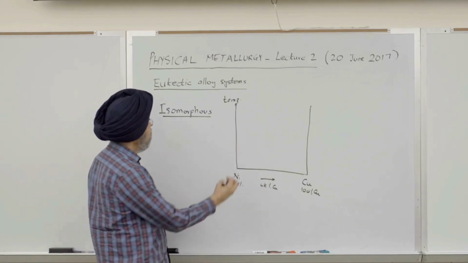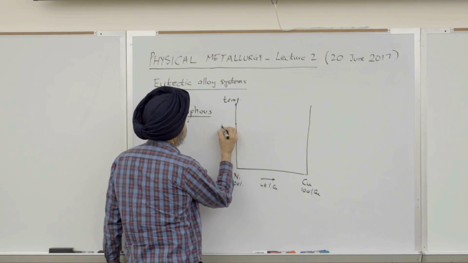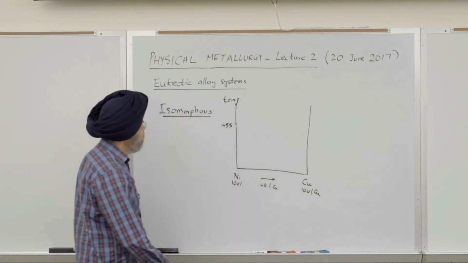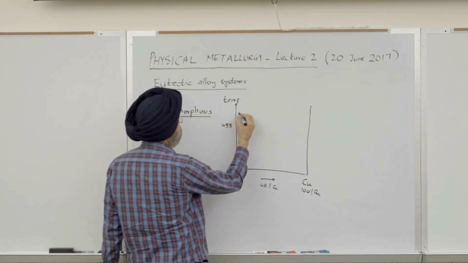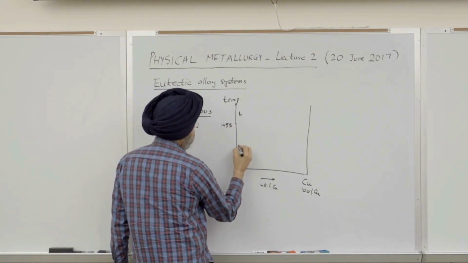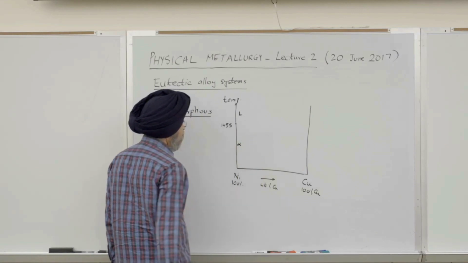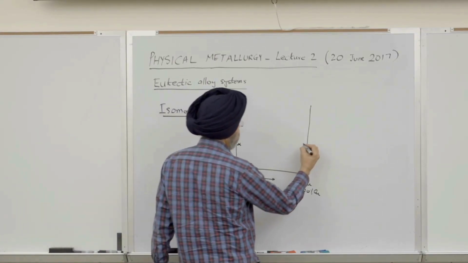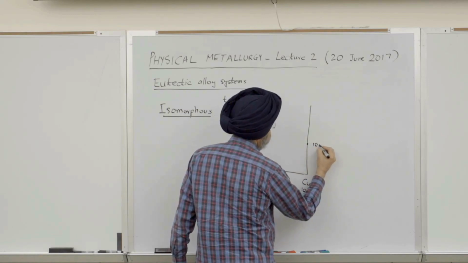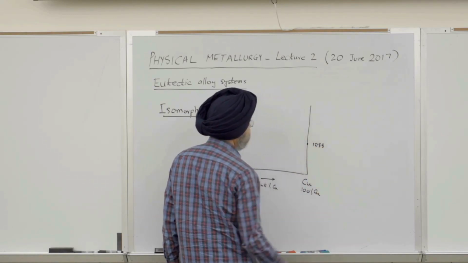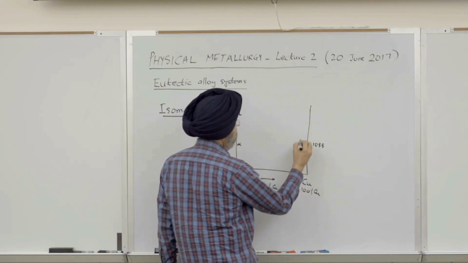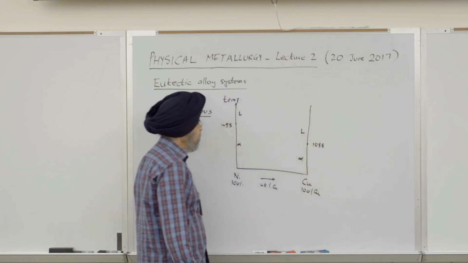And we know nickel melts at 1455 degrees centigrade. Above this, we have liquid. Below this, we have a phase, let's say alpha. And we know copper melts at 1085 C, so we have a solid phase alpha below this, liquid above that.